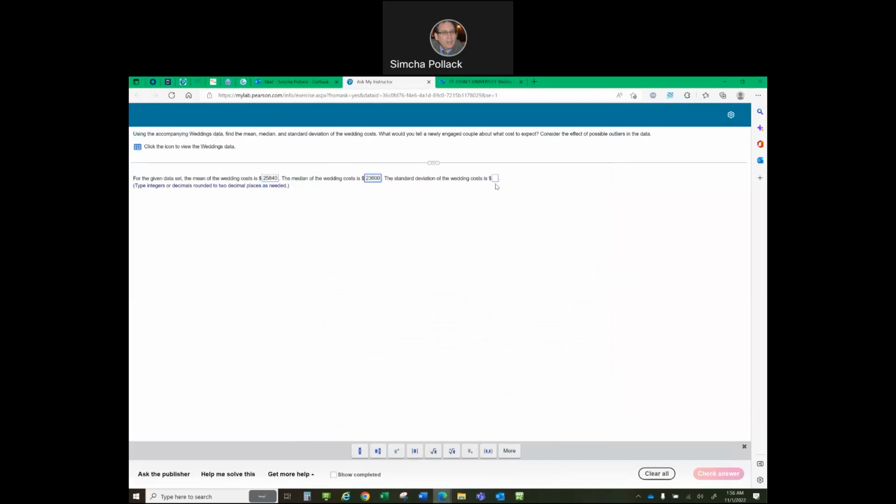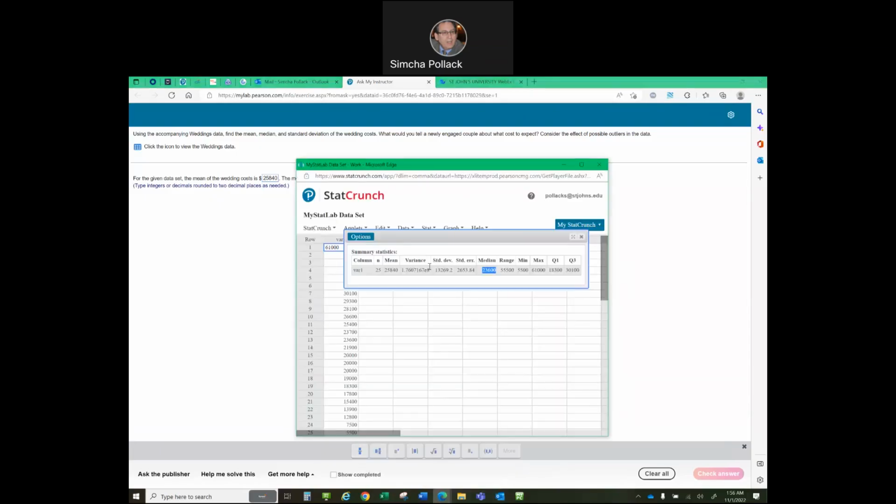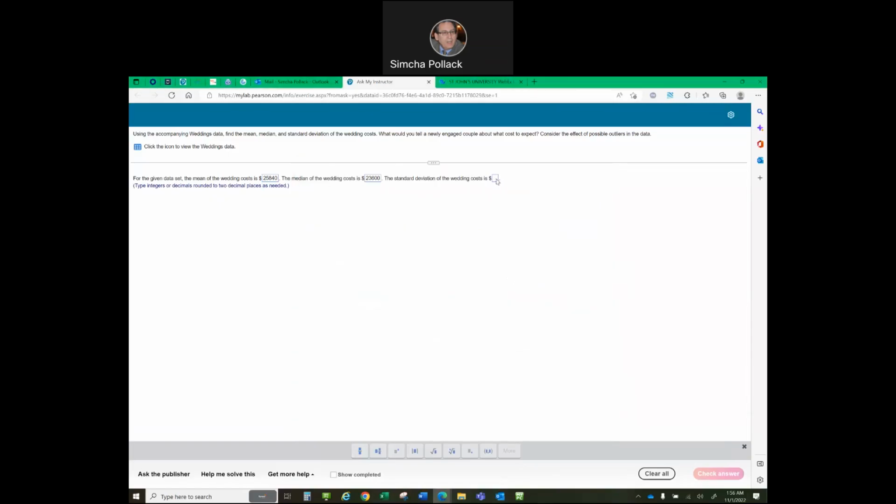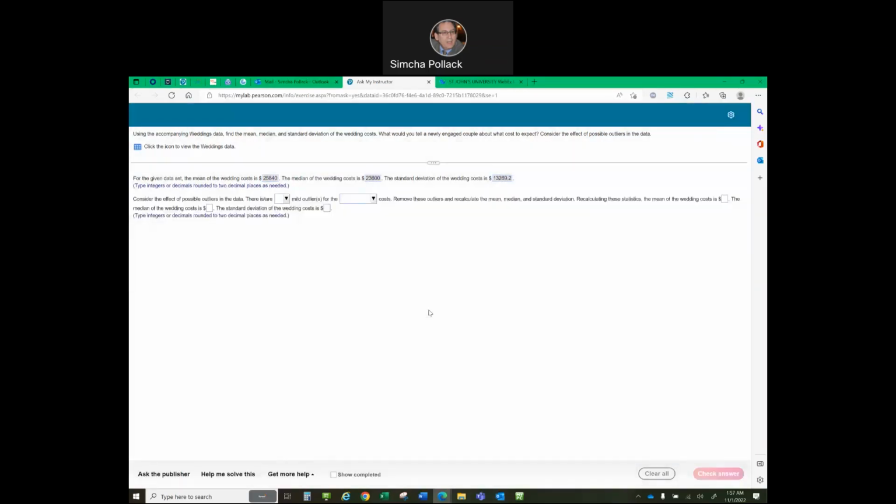And the standard deviation, which is a measure of the spread of the data, how widely distributed it is, how far it is from the middle. What number? 1362.2. I'm pretty sure that's right. Let's check it. And so far, so good.